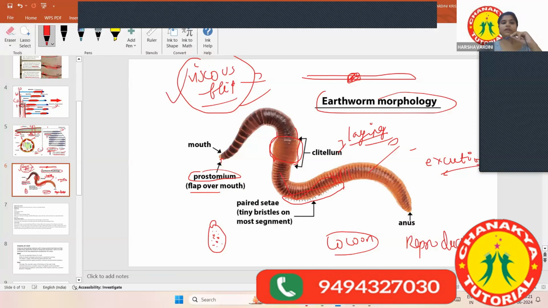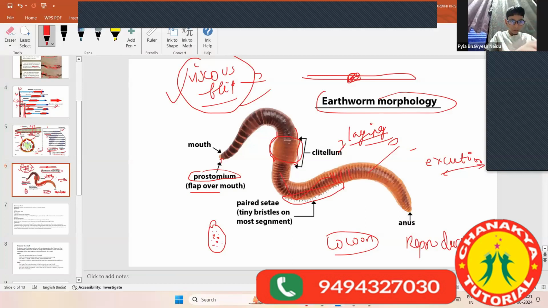We are talking about this earthworm's part called clitellum. This structure in the earthworm's body helps in reproduction, and the main thing about it is it contains a fluid called viscous fluid, which helps in the rebirth of earthworms.